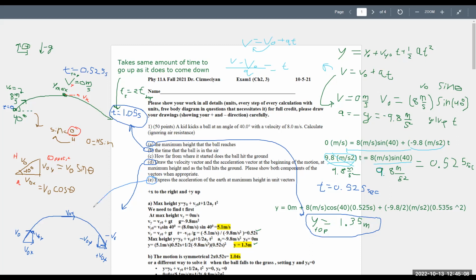That one's gonna be here, the acceleration of the Earth. I'm guessing it's just saying gravity. So just remember that gravity is constant throughout the problem. If you want to be technical, all these lines would be the same length.